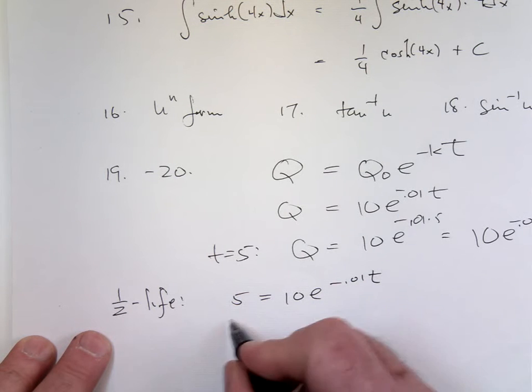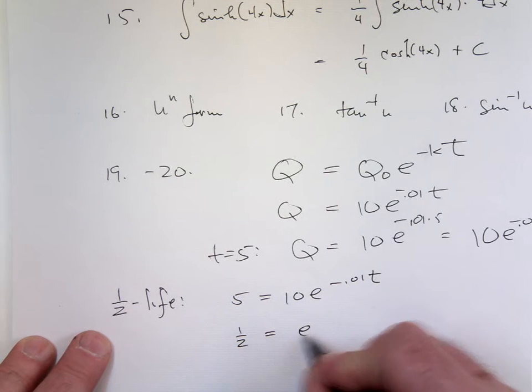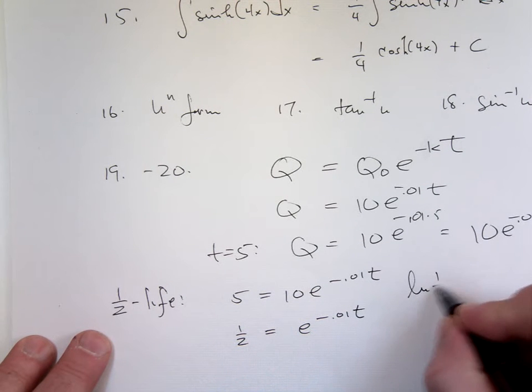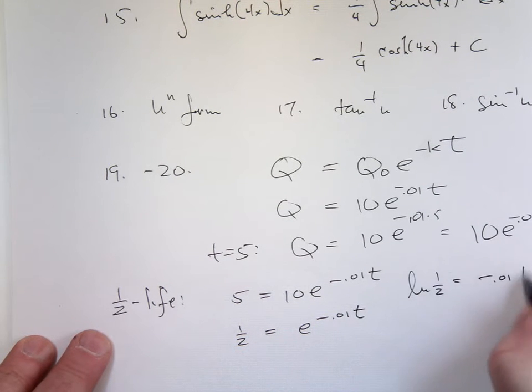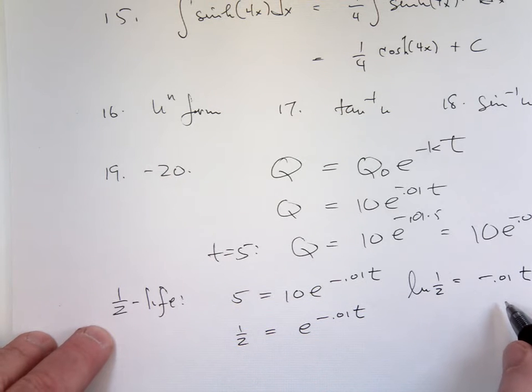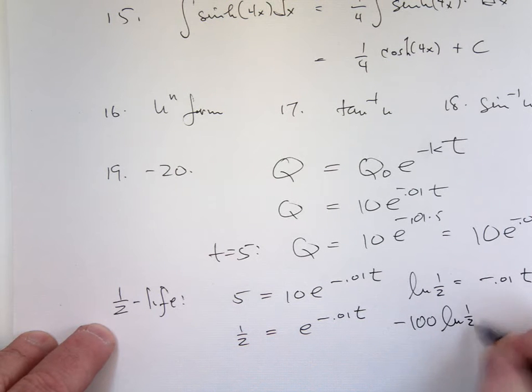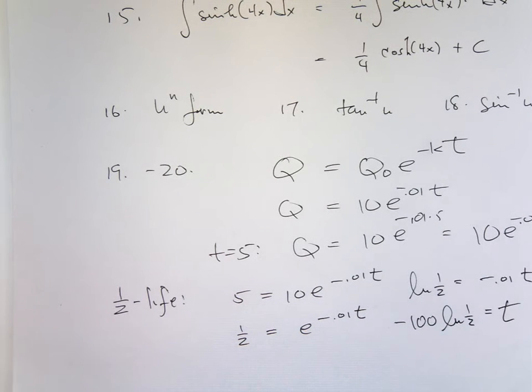Divide by 10. Take the natural log of each side. This is negative 1/100th. Multiply both sides by negative 100. And that's the answer.